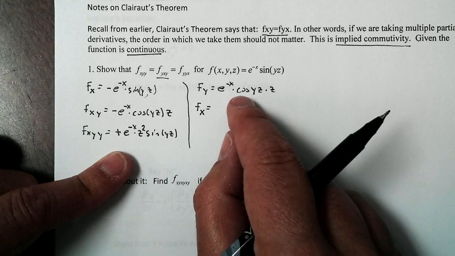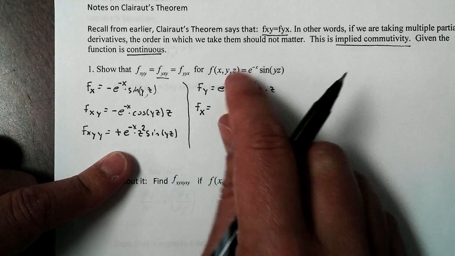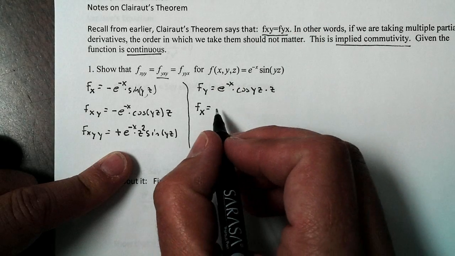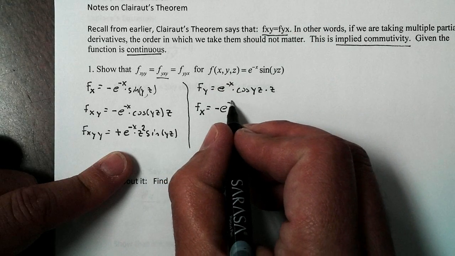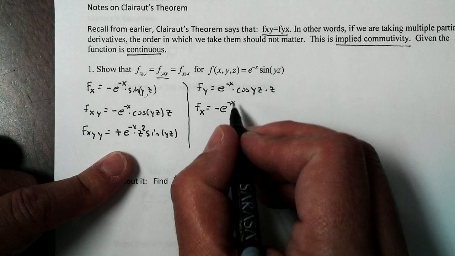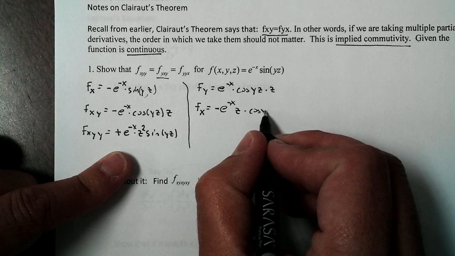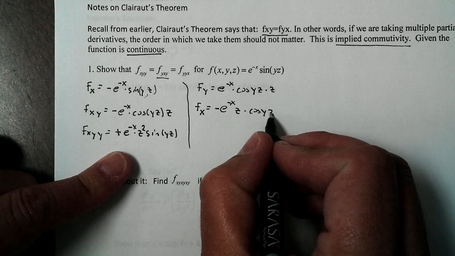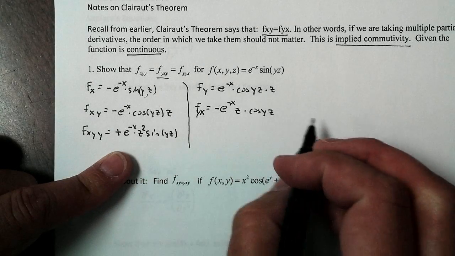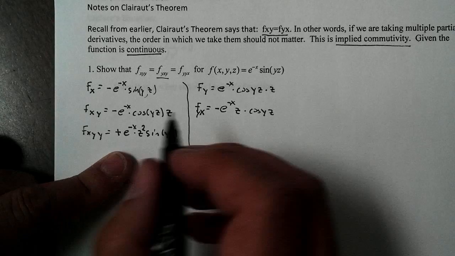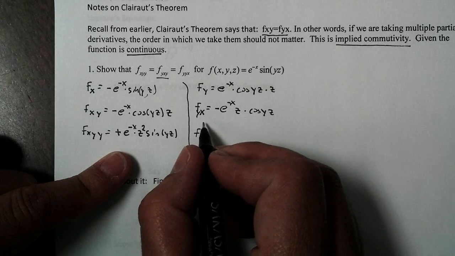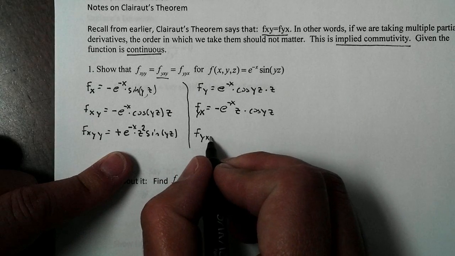Now in this case right here, all of these are my constants. So when I take the derivative of e to the negative x, that's going to become negative e to the negative x. And I can bring that z to the front, because it's just a constant. That's going to give me cosine of yz. And now I'm going to take the derivative with respect to y again.